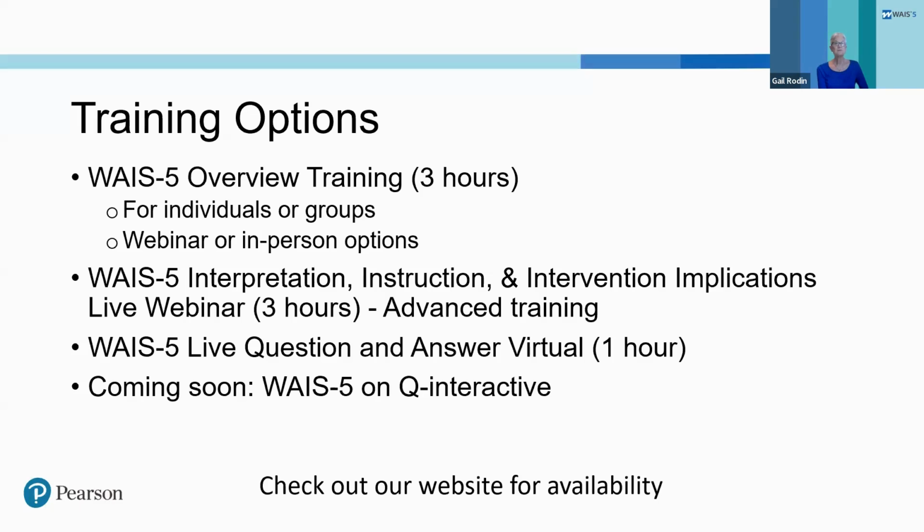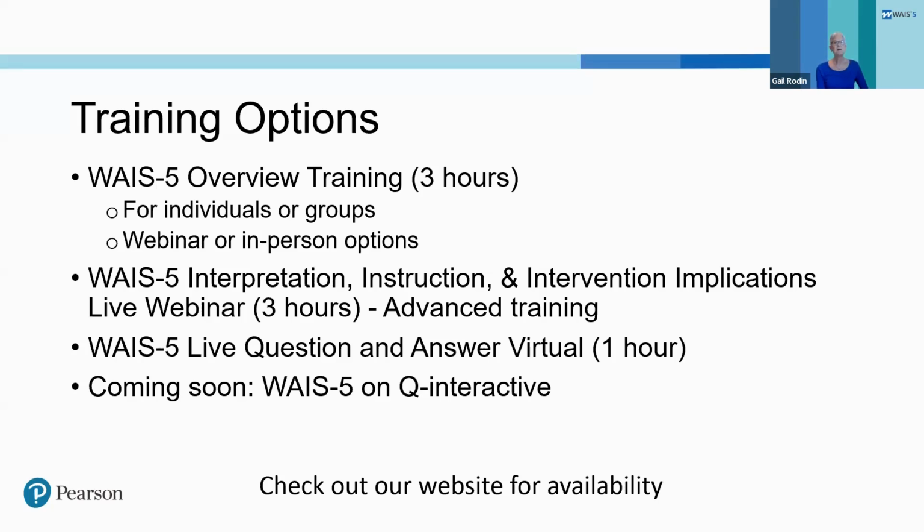And if you have a group of 3 or more, the price is reduced. I believe it's down to 80 and some change. We also have webinar or in-person options for the overview training so that you can schedule it for your clinic, your hospital, whatever milieu you work in.